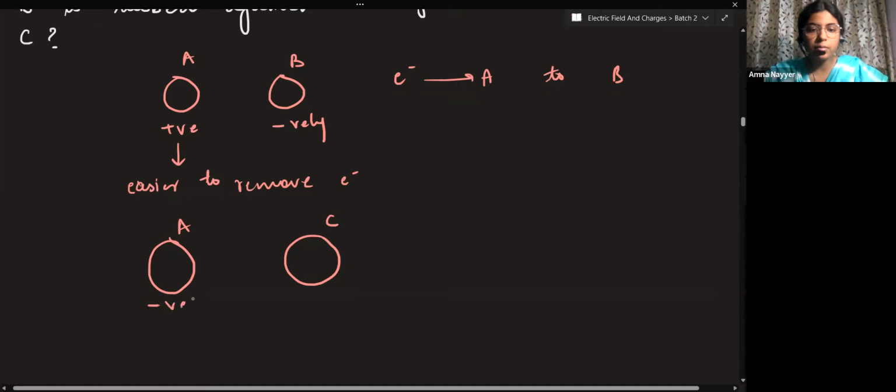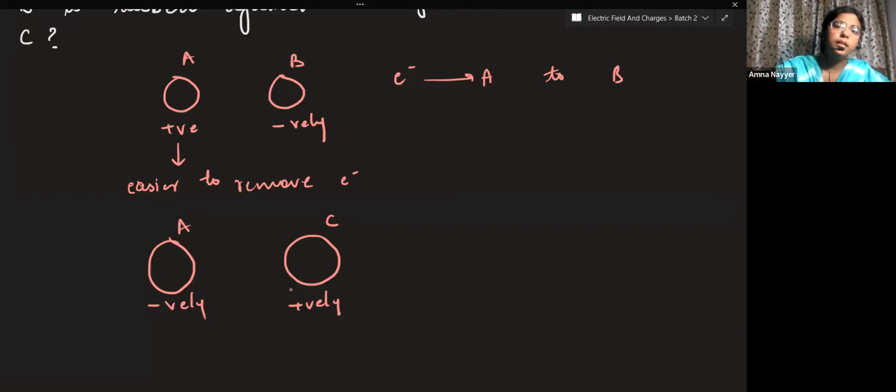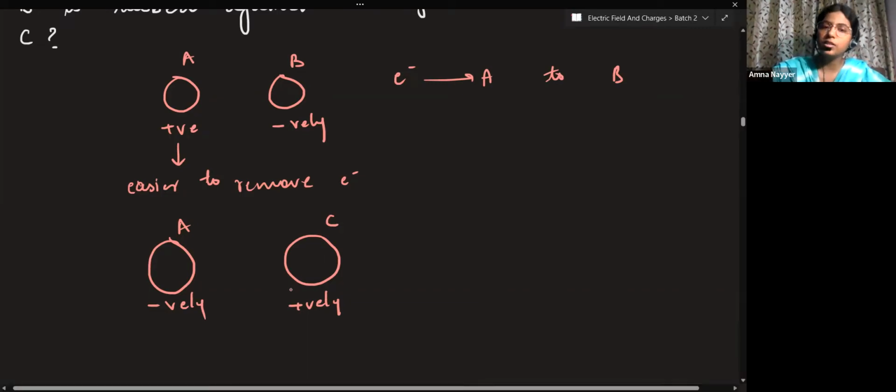If A is negatively charged, we have only two types of charges, so C will definitely be positively charged. Electrons have transferred from C to A. That's why deficiency of electrons created positive charge in C and gaining of electrons created negative charge in A.